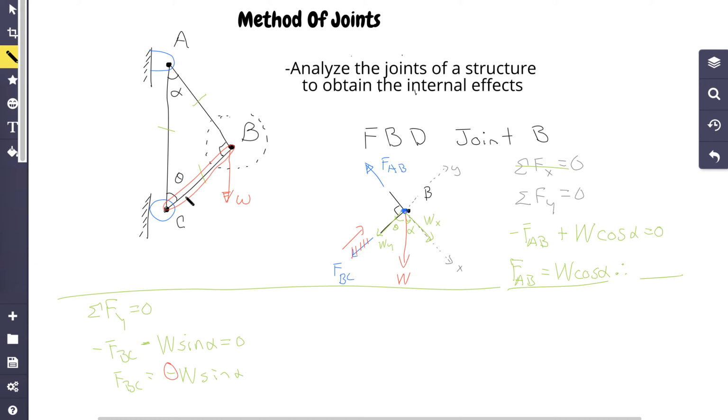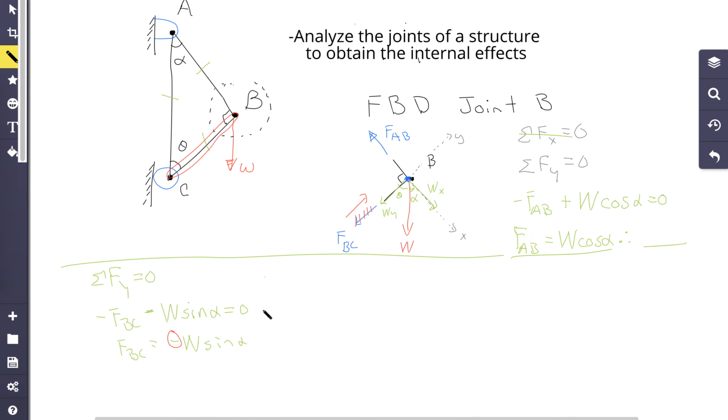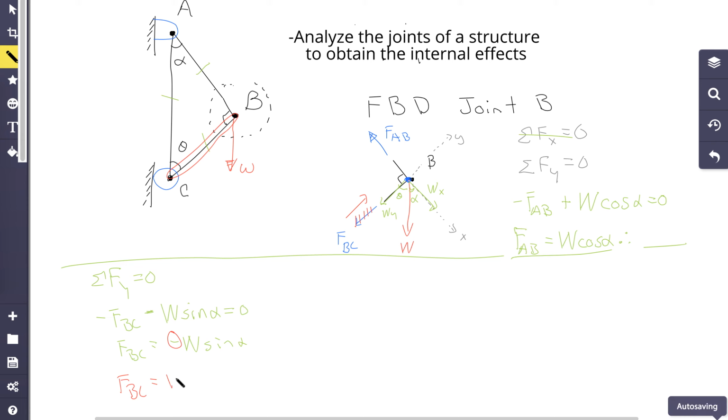If you get into solids, you'll understand more about it. But just knowing that that's in compression, that's all we can do. So from now on, in our understanding of it, we rewrite this as FBC is equal to W the sine of alpha. And we've corrected it in the free body diagram. So that's how we can start, and that's the overall gist of using joints.